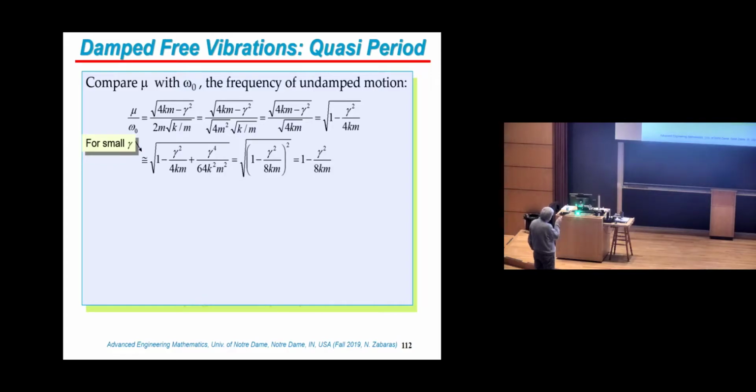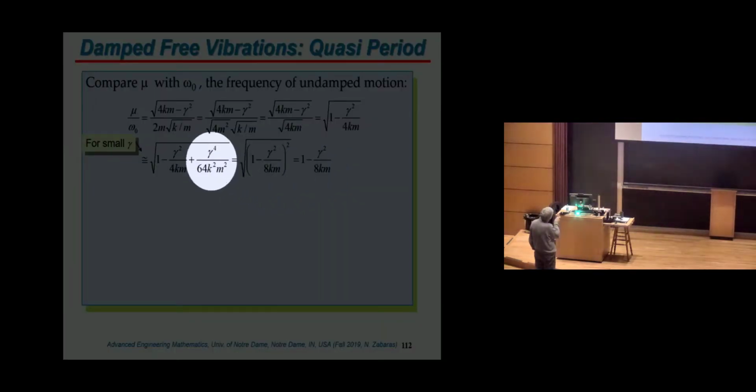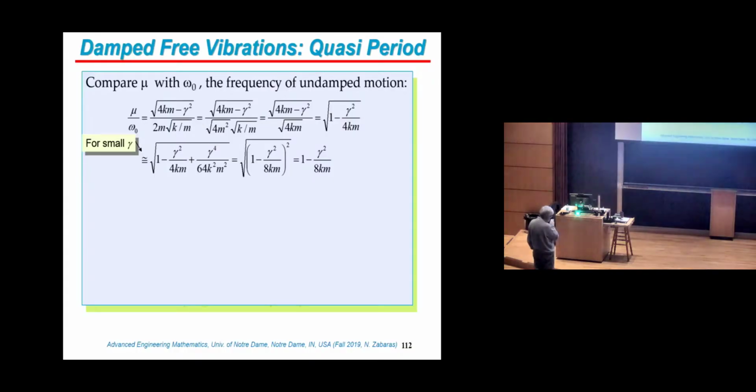This is from the textbook, where he shows the derivation of this. But you remember from calculus maybe, if you have the square root of 1 plus x and x is small, do you know what is a good approximation of the square root of 1 plus x?